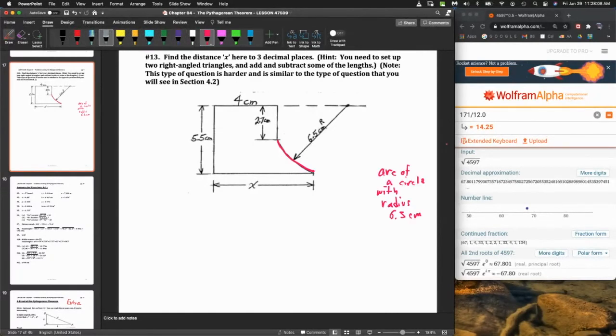So this question involves this curved edge here. Now, the notation here, whenever you see this R on a diagram, it's referring to a radius.